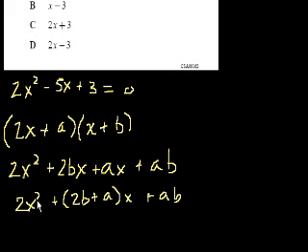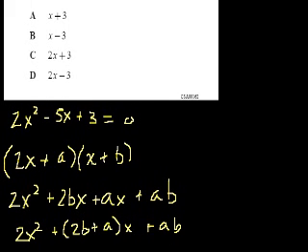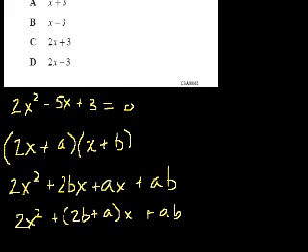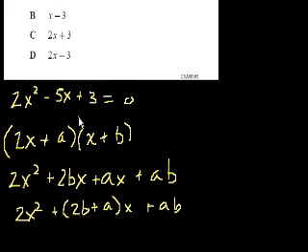Okay, now we can do pattern matching, right? This was our original thing. So 2 times b plus a have to be equal to, right? This term is the same thing as this term right here. And that term has to be the same thing as that term right there.